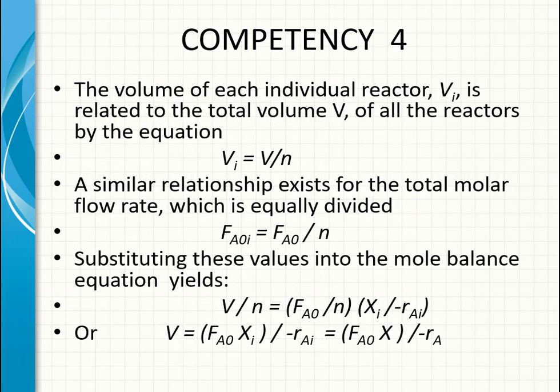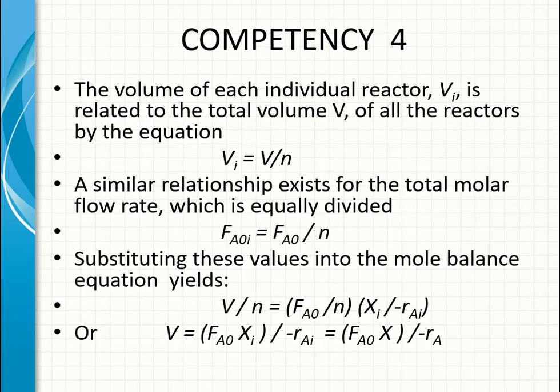So, the volume of each individual reactor, Vi, is related to the total volume of all the reactors by the equation Vi equal V divided by n, where n is the number of reactors. A similar relationship exists for the total molar flow rate, which is equal to FA0i is equal to FA0 divided by n.